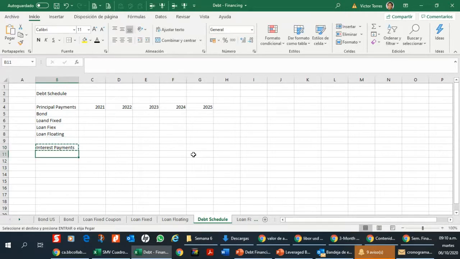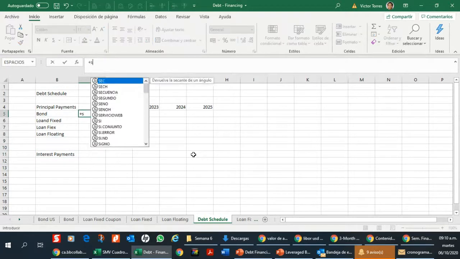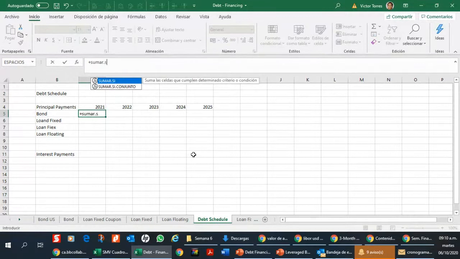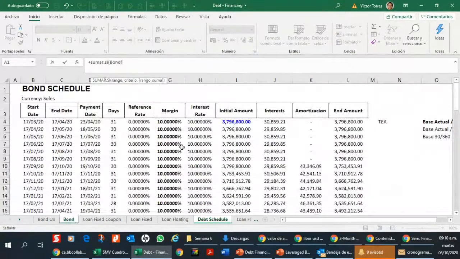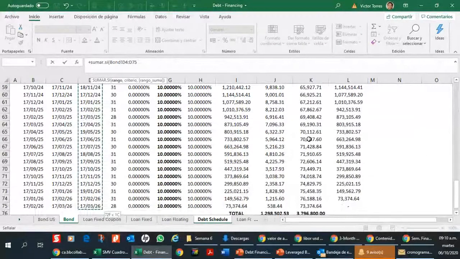Okay, so for the principal payments, as we were saying, we just make a summation based on the date. I'm not using bond US because that was assumed to be in dollars. We are going to be using the whole payment date as the period.